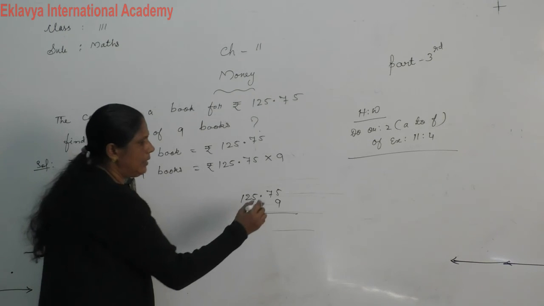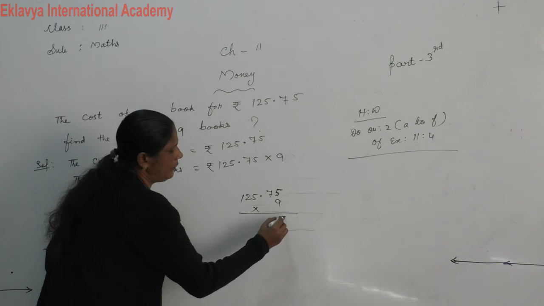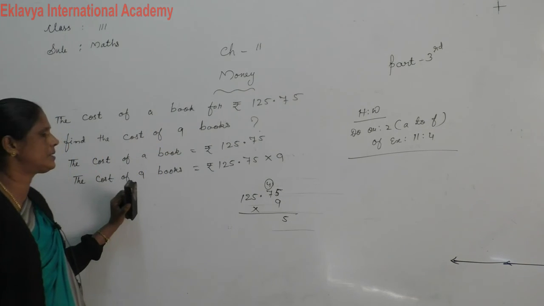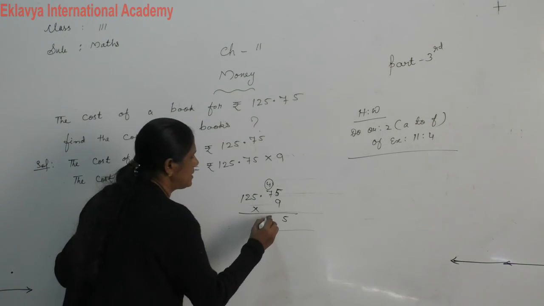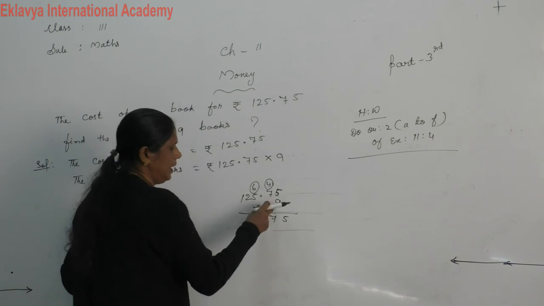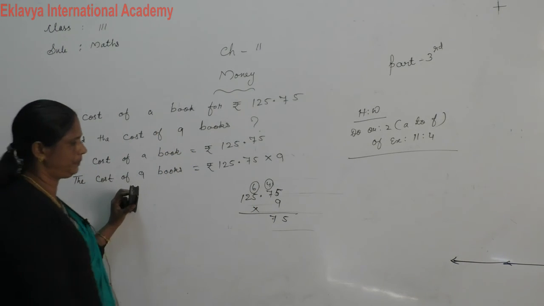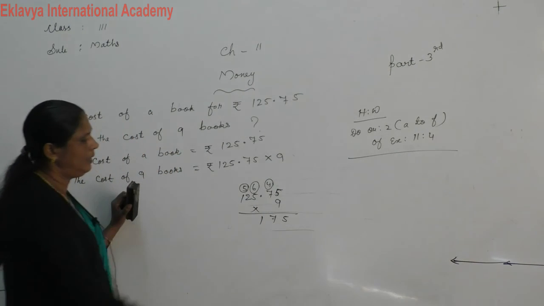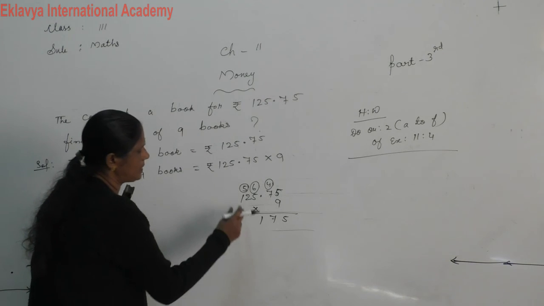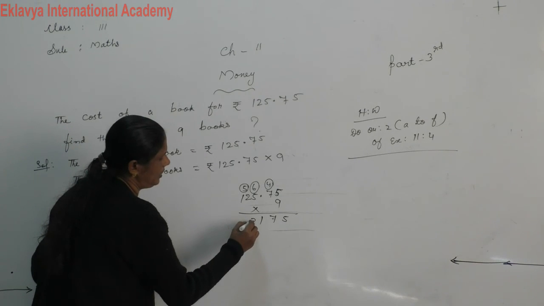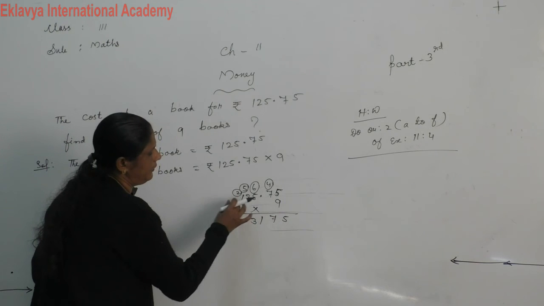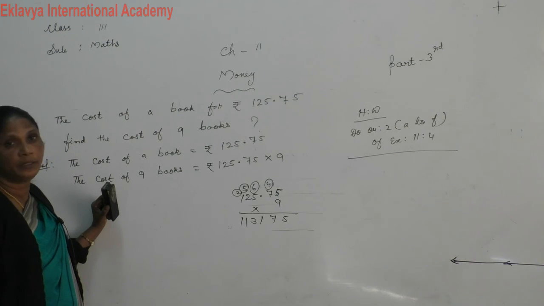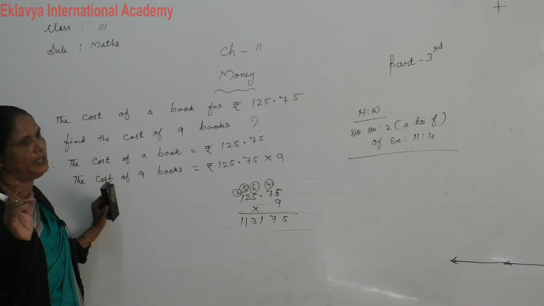9 times 5 is 45, then carrying 4. 9 times 7 is 63, plus 4 is 67, carrying 6. 9 times 5 is 45, plus 6 is 51, carrying 5. 9 times 2 is 18, 18 plus 5 is 23, carrying 2. Then 9 times 1 is 9, plus 2 is 11. Now we put a decimal point.